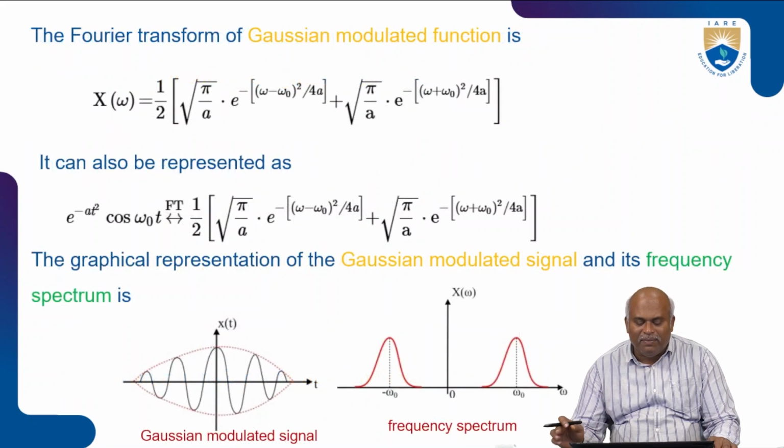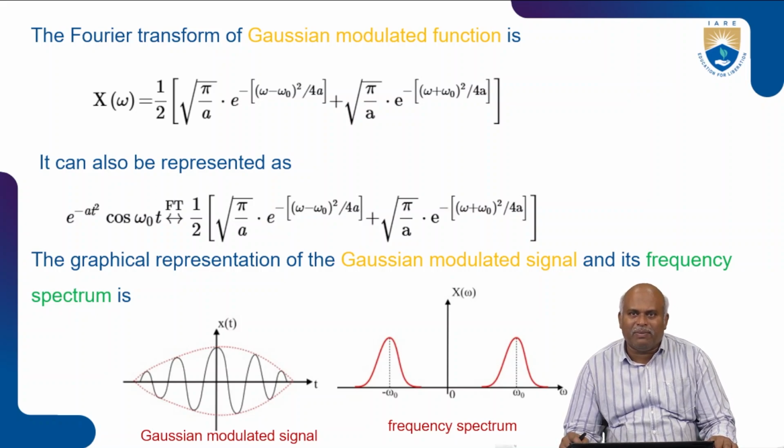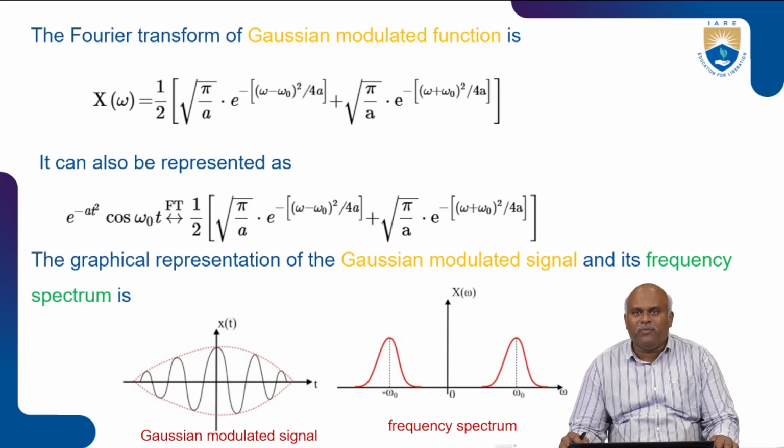Now we have the shifted version for the Gaussian modulated function. So X of omega is equal to 1 by 2 root of pi by a e power minus omega minus omega 0 whole square divided by 4a, plus root of pi by a e power minus omega plus omega 0 whole square by 4a.